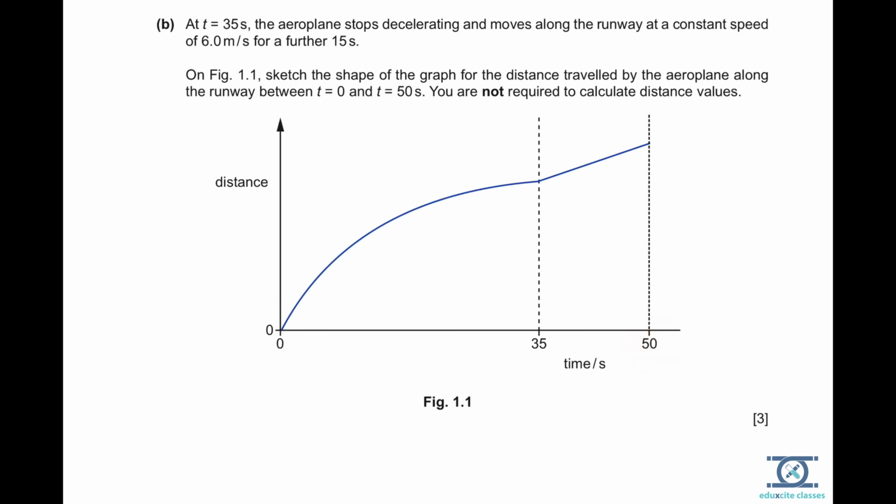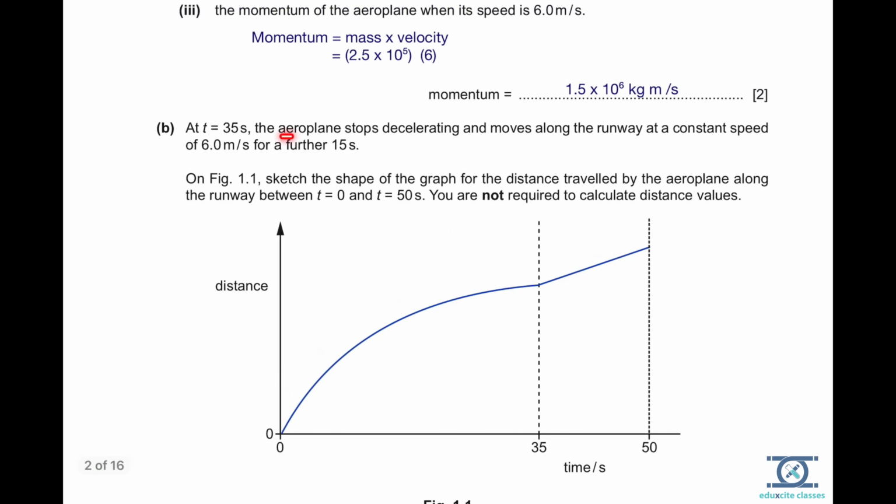So we know that during the first 35 seconds, it is decelerating. So the graph will be of curved nature, and the gradient will constantly decrease up to t equals 35. Then it moves along the runway at a constant speed of 6 meter per second for a further 15 seconds.